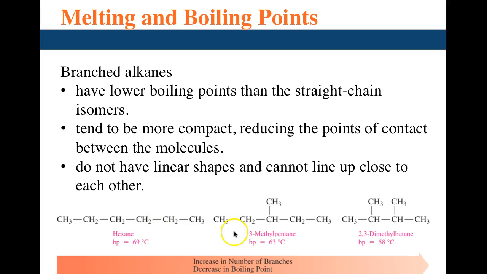Think of it like stacking saucers, or plates. Whereas if you have something like an obstruction, it's hard to stack them close. They don't fit together as closely because there's a lot of space between the individual molecules. So it's easier to boil or melt them because they don't have as many points of contact.